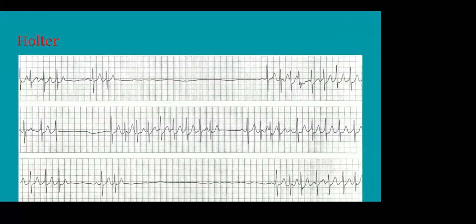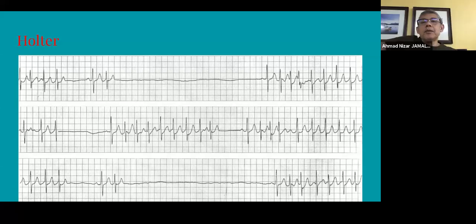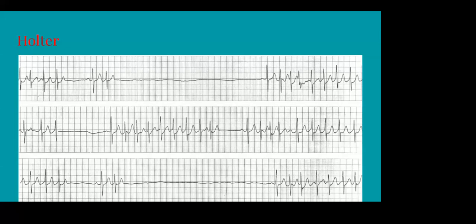Normal? No, it's not WPW. Can I know what a Holter is? Somebody wants to know what a Holter is. A Holter is an ECG monitor that we put on a patient for 24 hours to detect their rhythm.